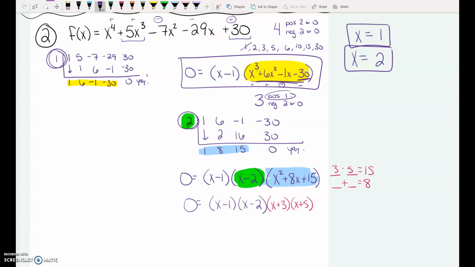And that means that our solutions are positive 1, positive 2, we found those already, -3, and -5. These are all of your solutions. On your assignment, I believe it's just like a grid of numbers, and you have to click all of the numbers that are the solutions to your polynomial.